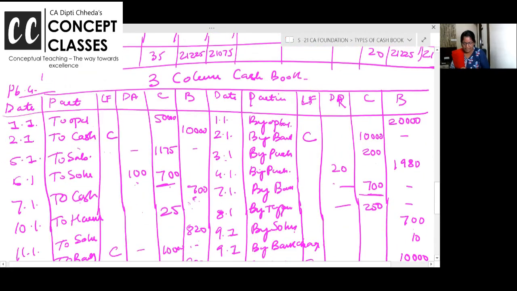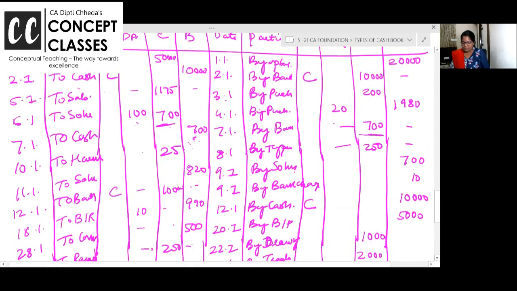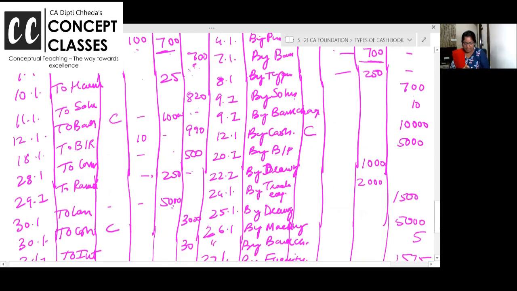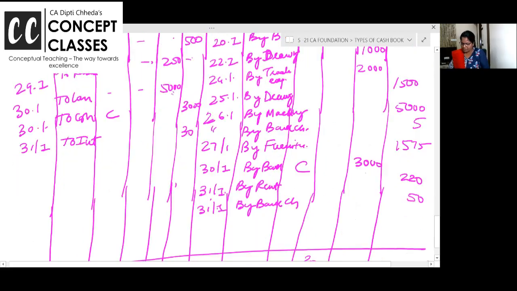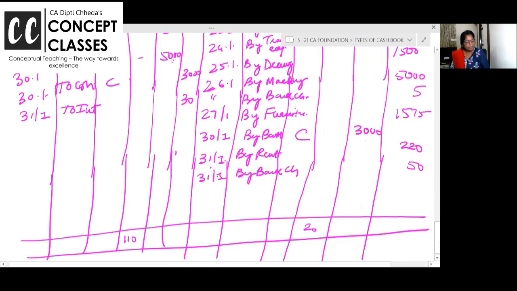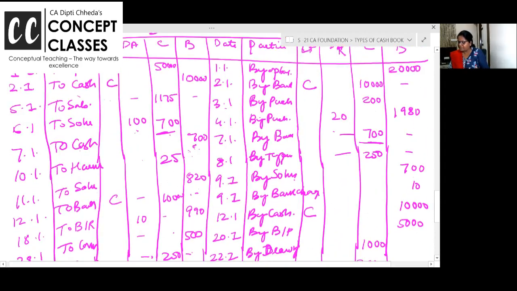Sorry, opening balance was 50,000, not 5,000. Once again: 50,000 plus 1175 plus 700 plus 25 plus 10,000 plus 250 plus 5,000. That is 67,150.